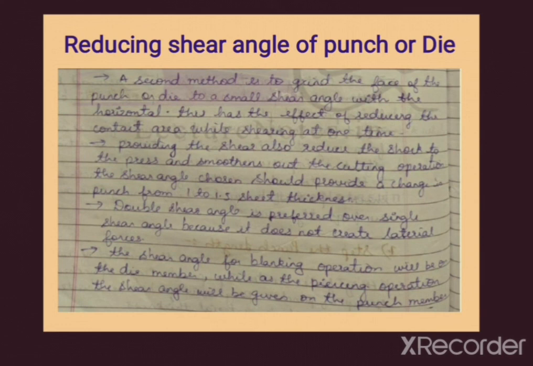Double shear angle is preferred over single shear angle because it does not create lateral forces. The shear angle for blanking operation will be on the die member, while for piercing operation the shear angle will be given on the punch member.